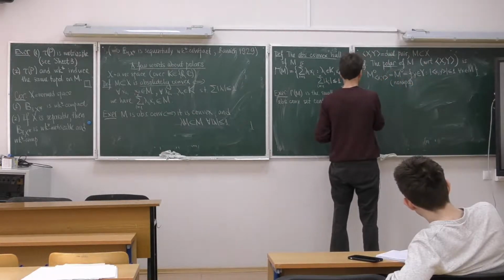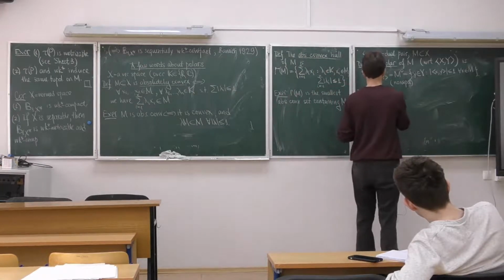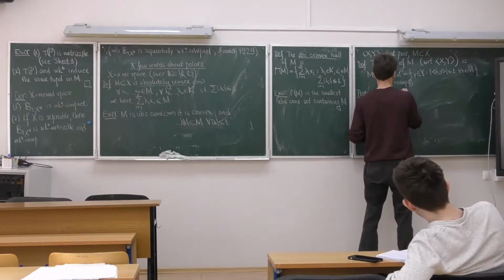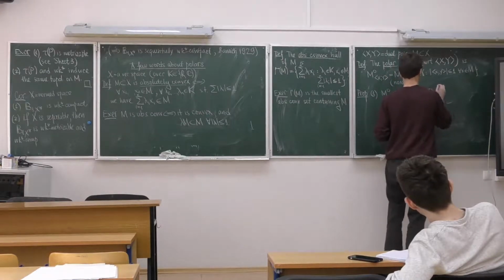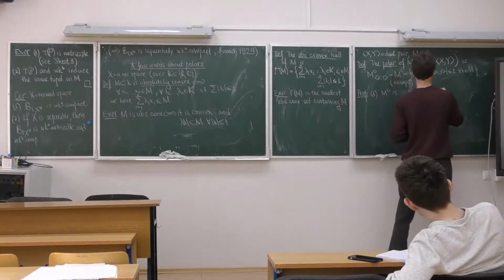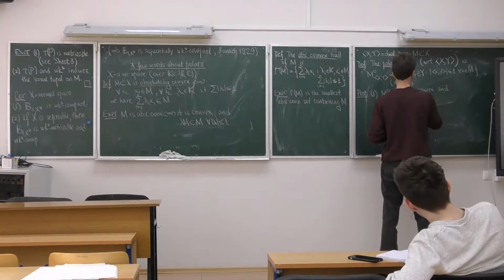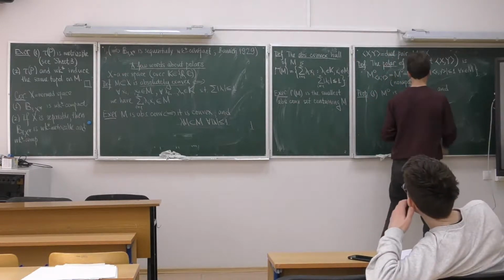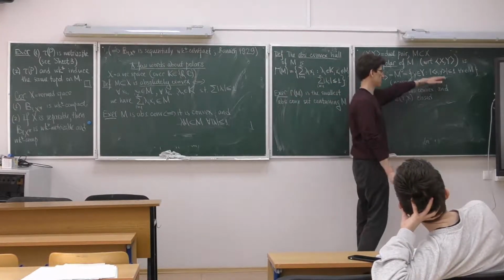Well, what can we say about this notion? First of all, it easily follows from the definition that the polar of any set is absolutely convex and weakly star closed subset of Y. This is more or less immediate from the definition.